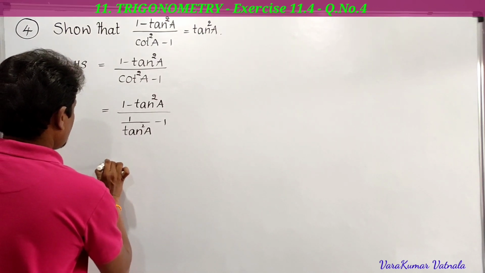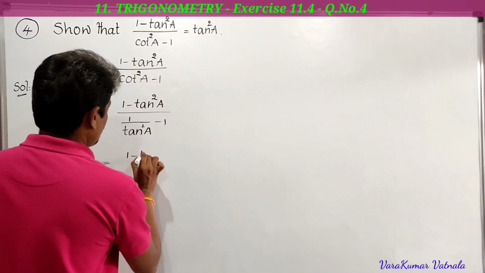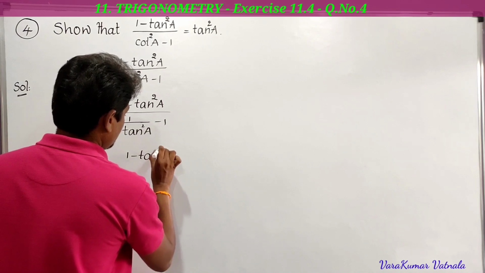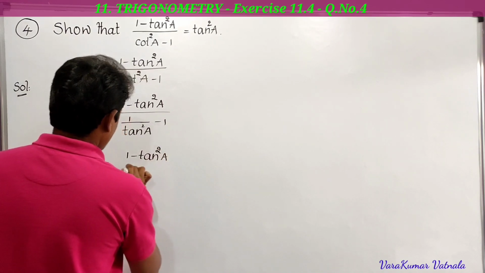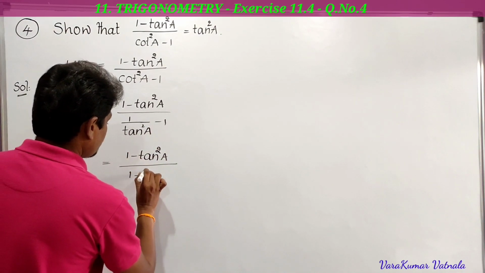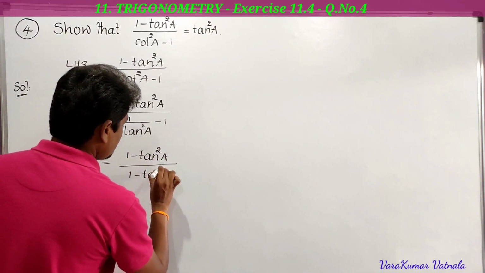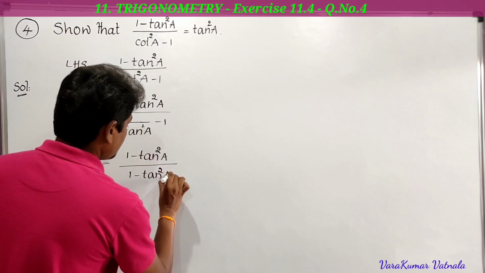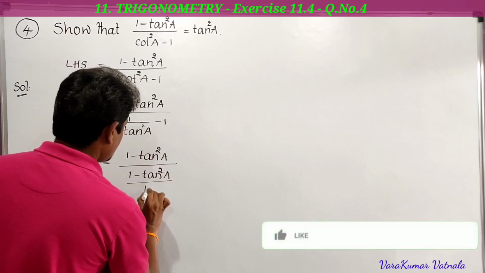Now again write the numerator as usual, 1 minus tan square a, divided by, here find the LCM. Tan square a is the LCM, so we get (1 minus tan square a) by tan square a.